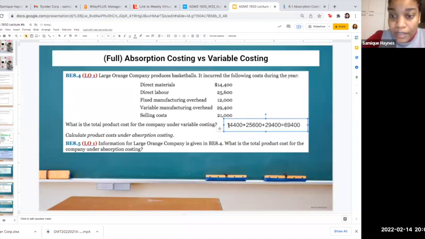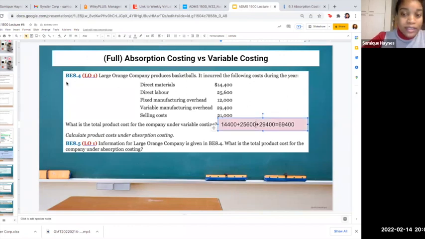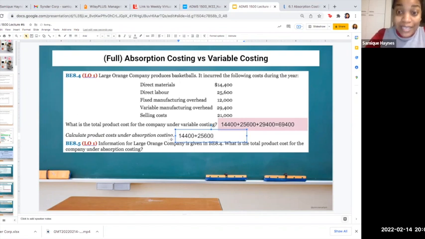Now, what is the product cost under absorption or full costing? 81,400, okay, so everybody's getting the same thing. So again, 14,400 plus the same 25,600 plus the same 29,400, but we also need to add the different thing.